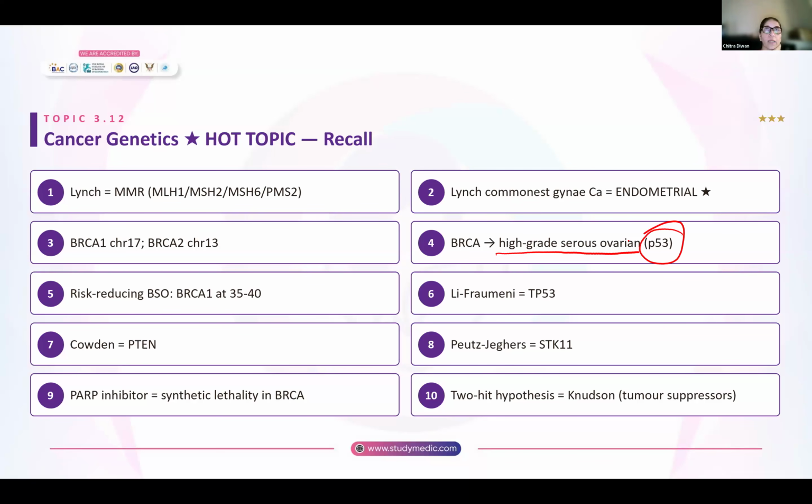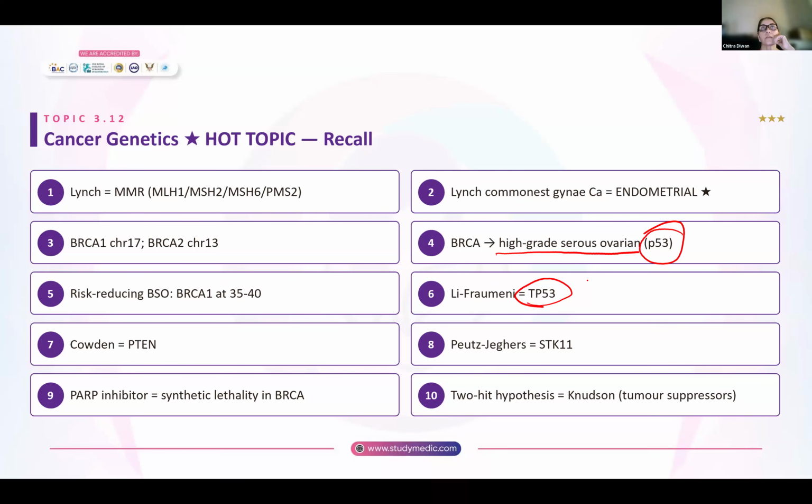For those who have BRCA1, risk-reducing bilateral salpingo-oophorectomy is offered at age 35 to 40. In Li-Fraumeni, the defect is in TP53. Cowden, the defect is called PTEN defect. Peutz-Jeghers, the defect is STK11.